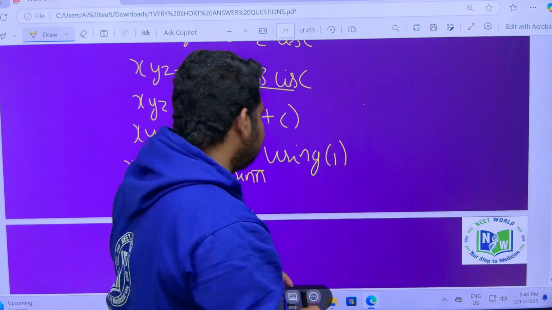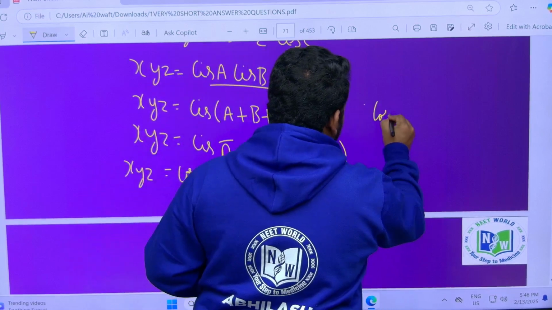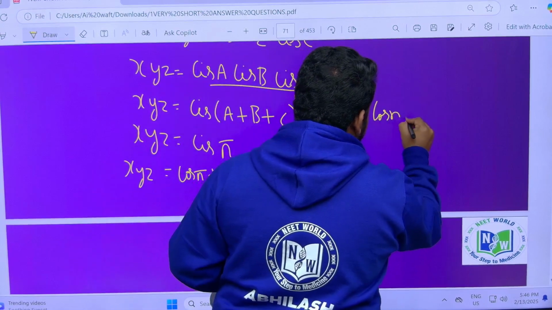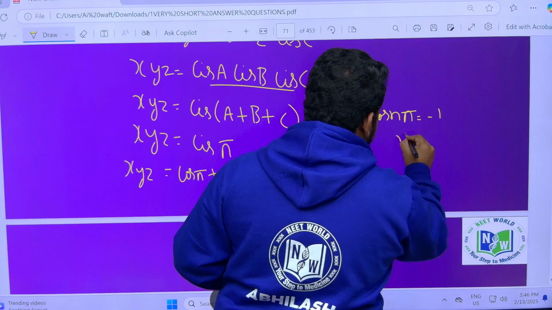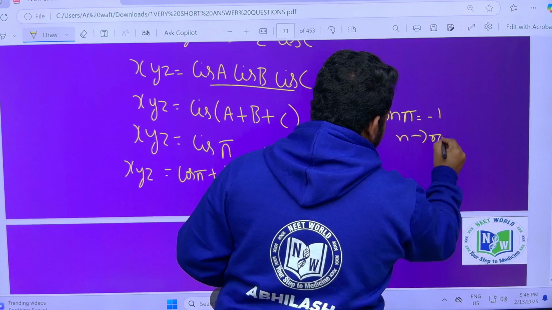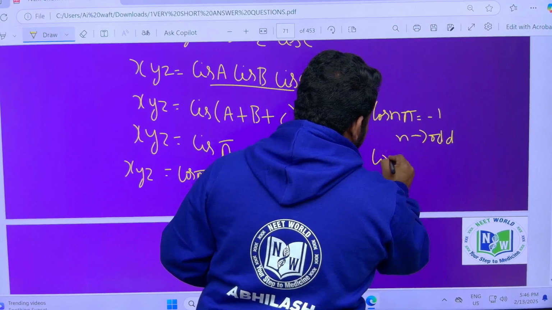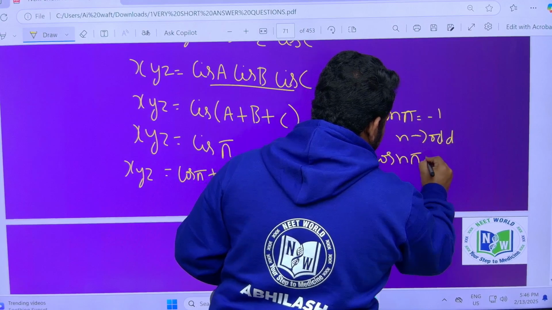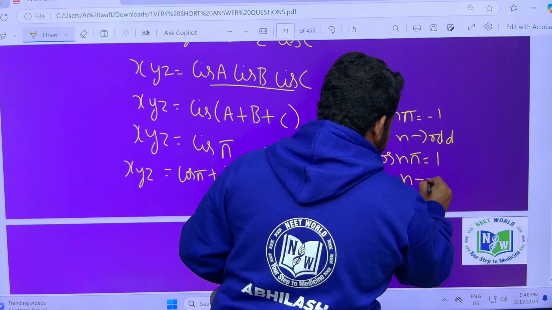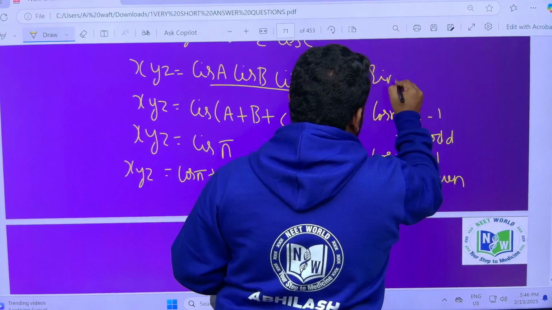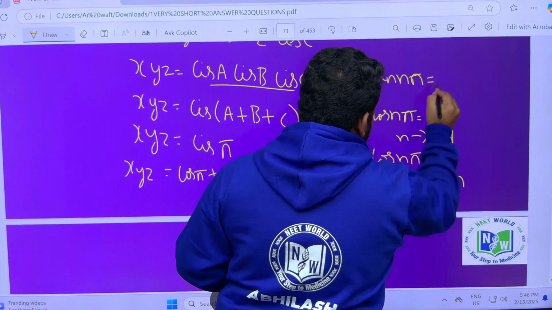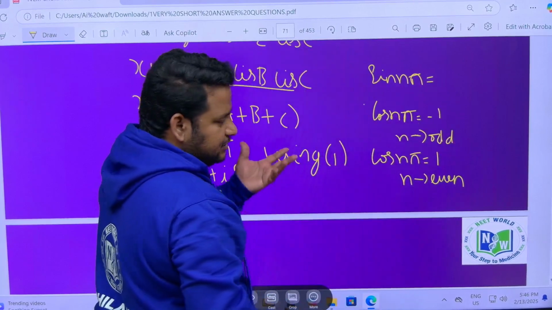Cos of n pi is equal to minus 1 when n is odd, and cos of n pi is equal to plus 1 when n is even. You must have studied this in plus 1.